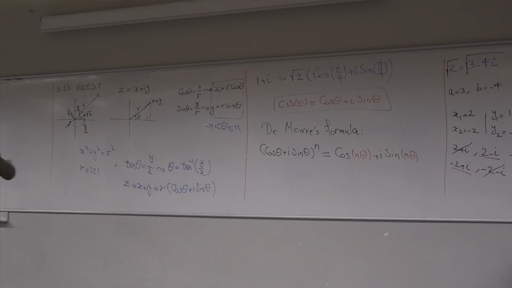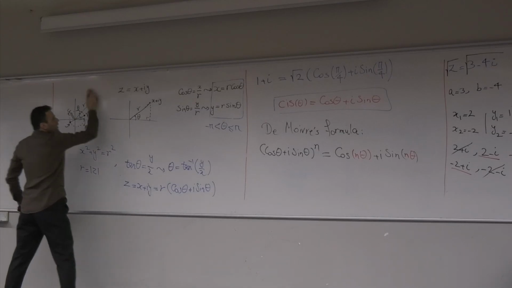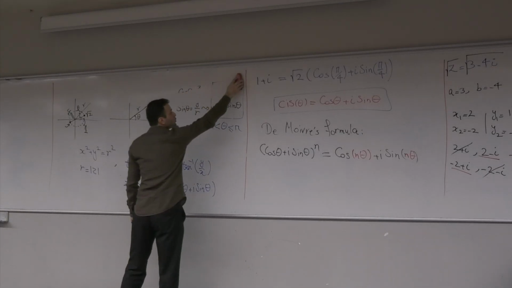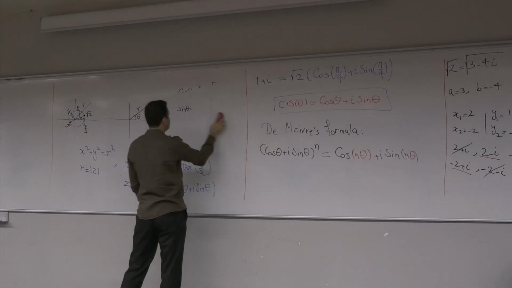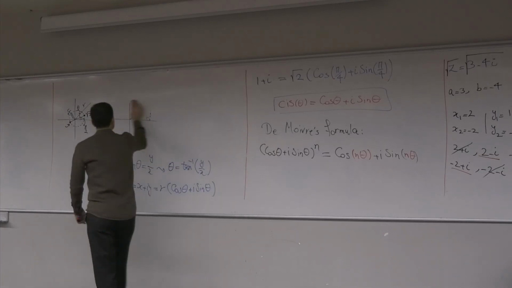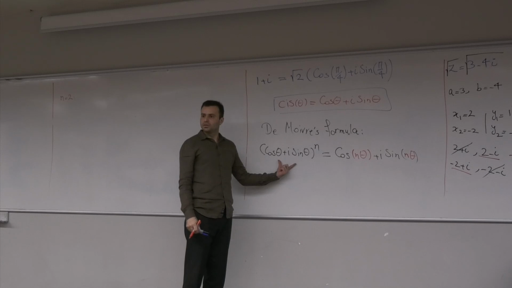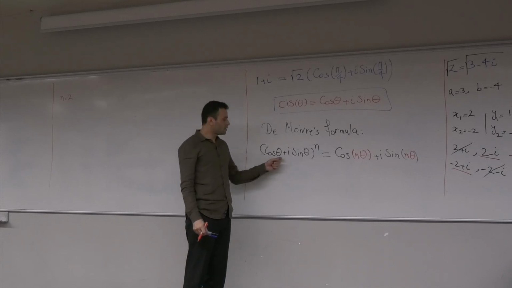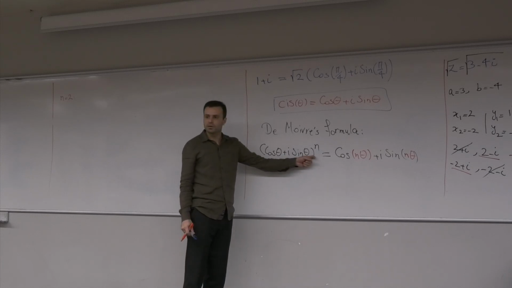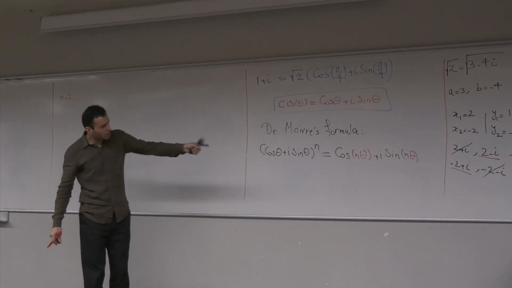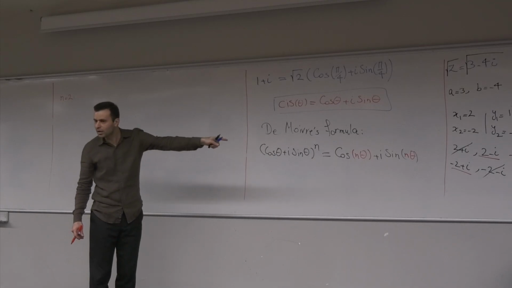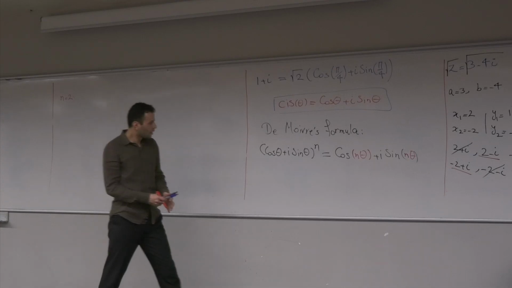Question. If you place n equal to 2 in this equality, what will happen then? What will be this side? Cosine of theta plus i times sine of theta to the power of 2, right? And the right hand side will be what? Cosine of 2 theta plus i times sine of 2 theta, okay?